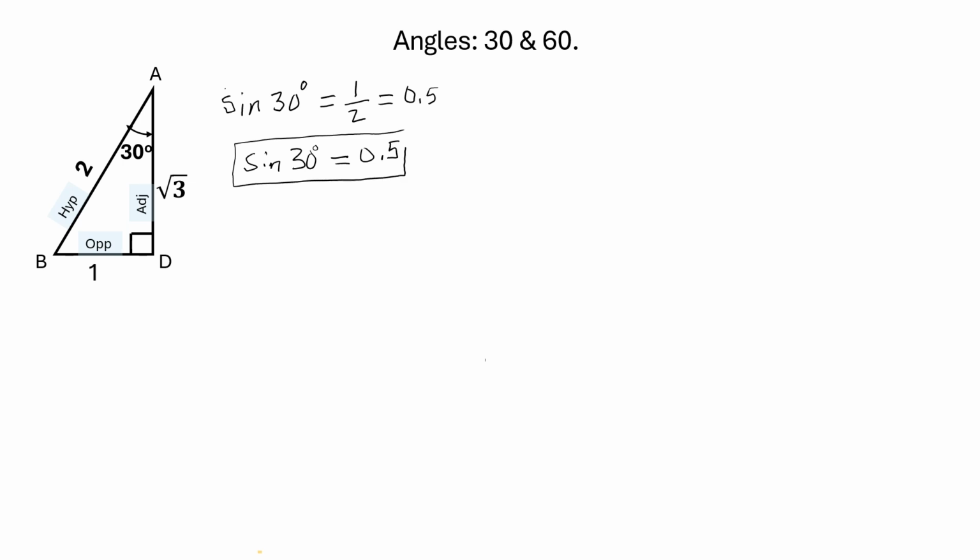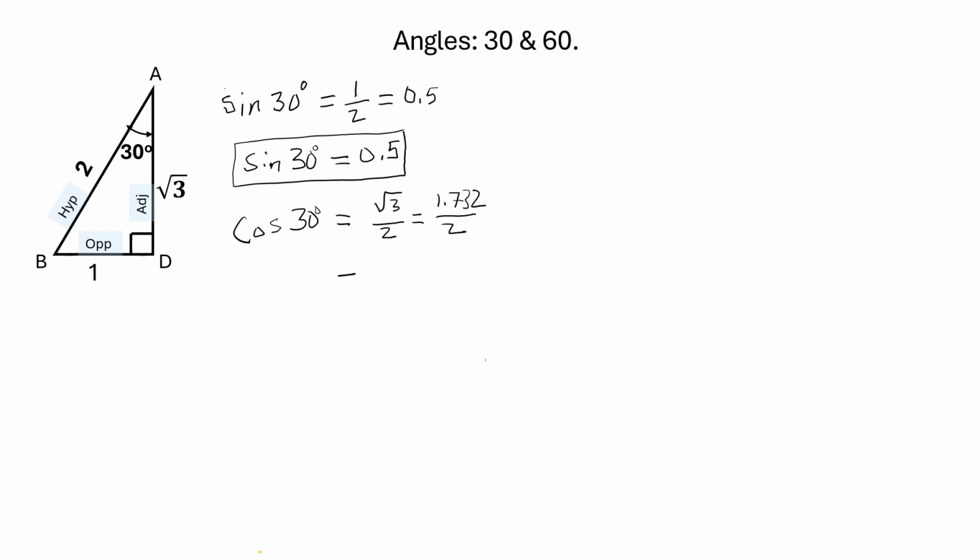Now let's look at cos 30 degrees. It will be equal to adjacent over hypotenuse. Adjacent is root of 3, hypotenuse is 2, and root of 3 we know is 1.732, over 2.